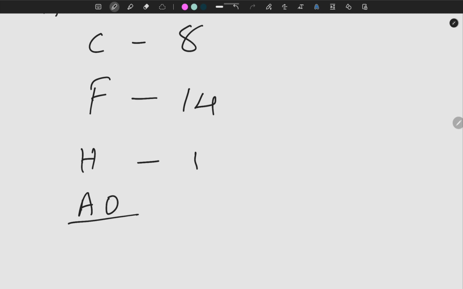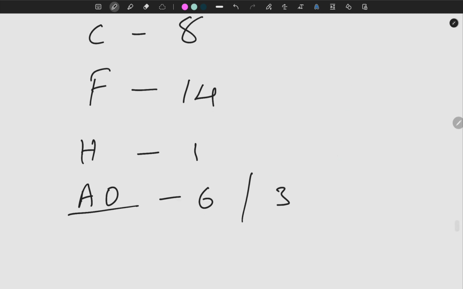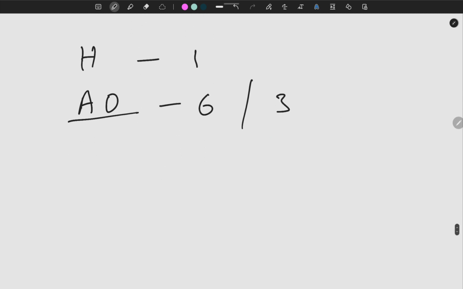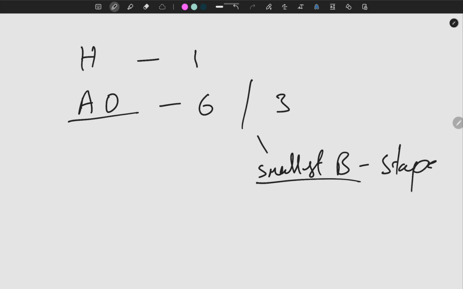Auditory ossicles are nothing but ear bones. Those are 6, 3 on one side and 3 on the other side. We have to remember that the smallest bone is the stapes. This is the smallest bone in the human body.